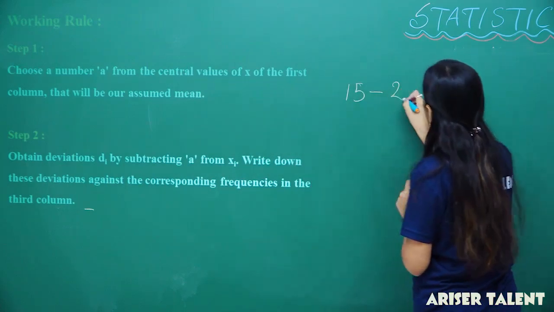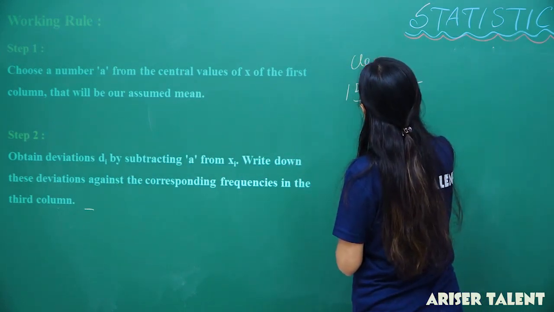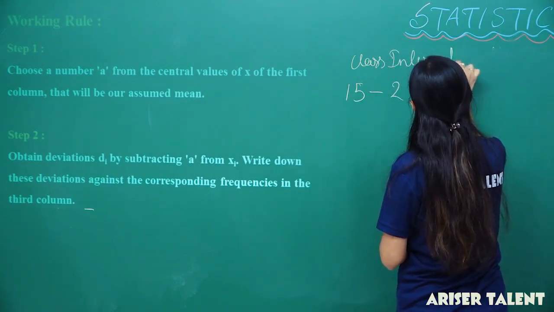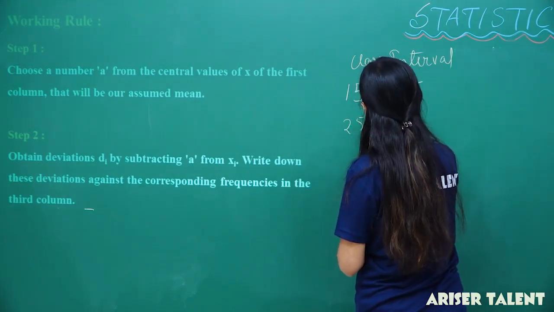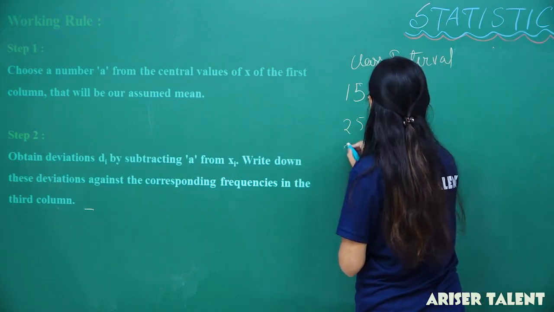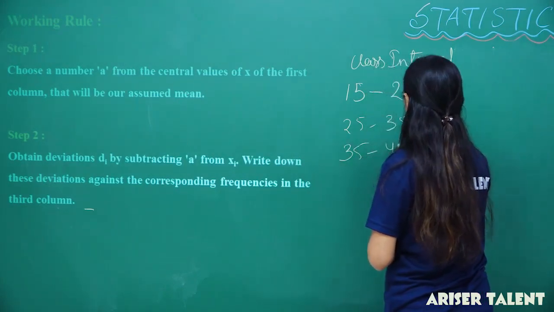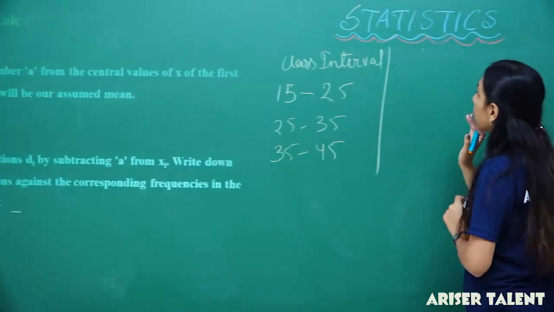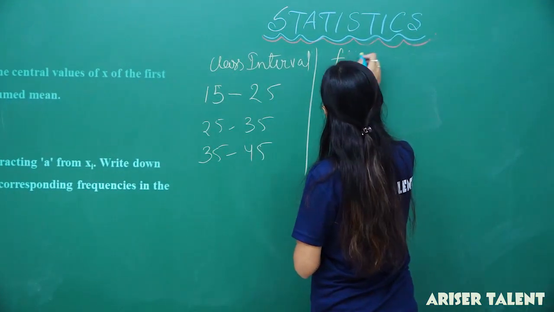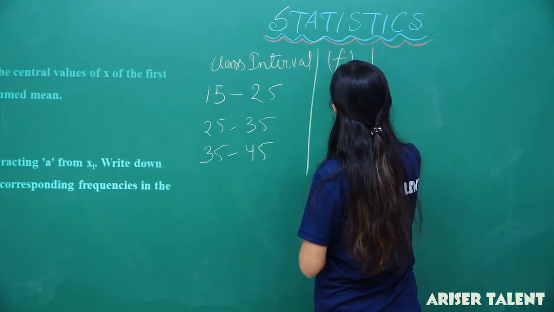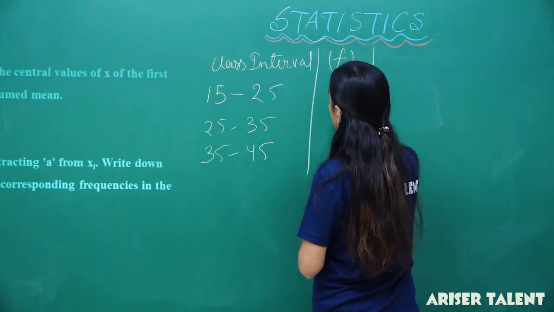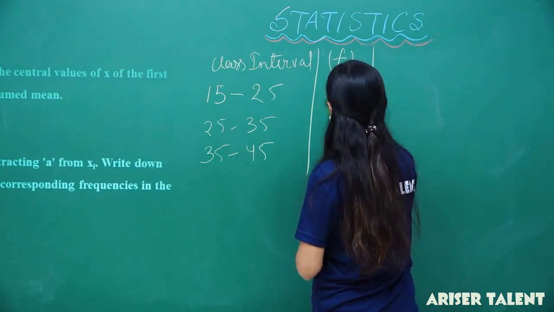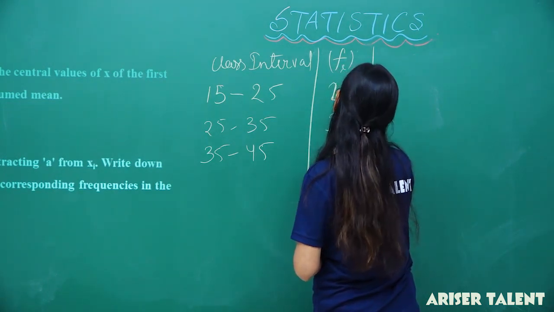So the class intervals given are 15 to 25, then 25 to 35 and then 35 to 45. For these you have been given some frequency. The frequency f, I am denoting with only f, is given as, let's suppose, 2, 3 and 1.